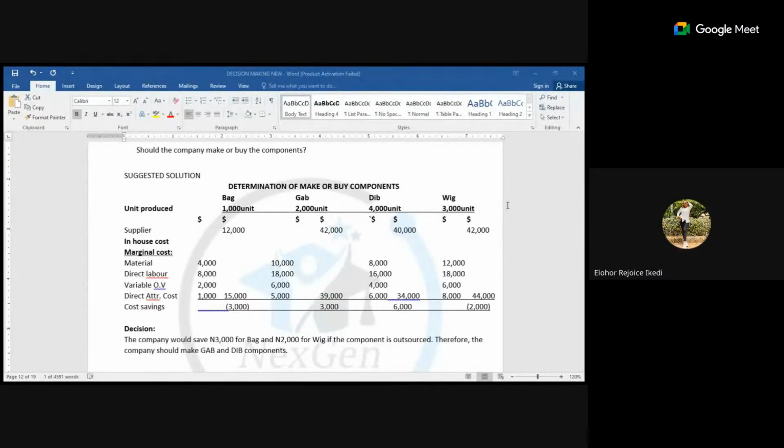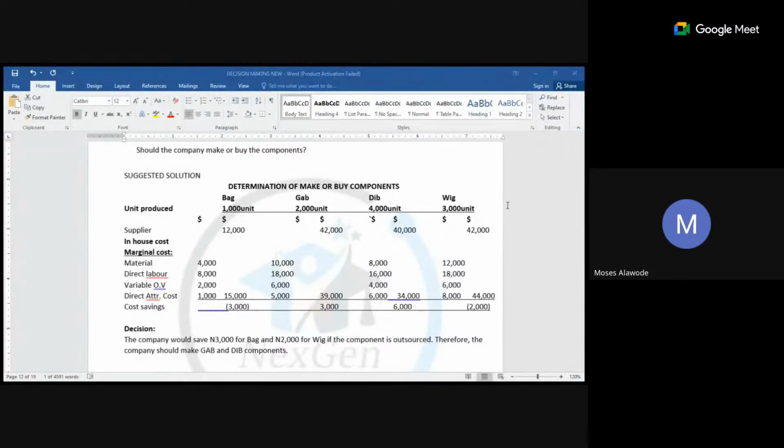Thank you, sir. Mr. Moses, this is still in line with my colleague's question. Assuming the question states expressly that some of these components are the key components of the company, and the cost of producing it is higher than buying it from the supplier, what if we have that kind of question?